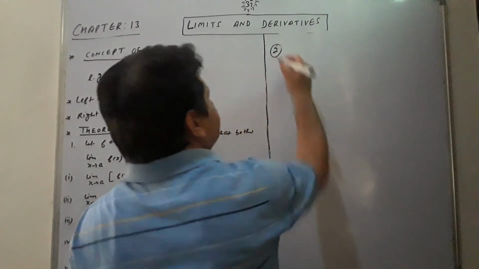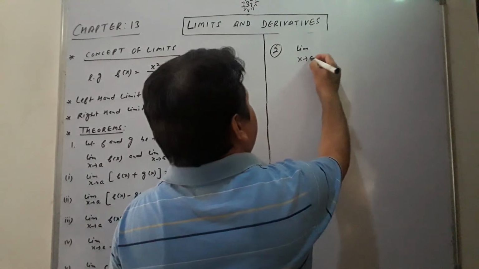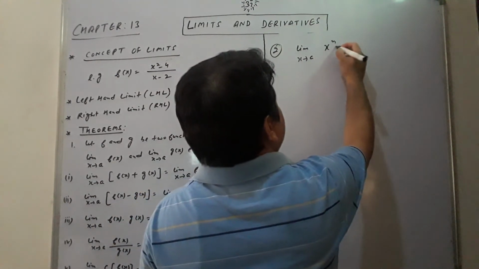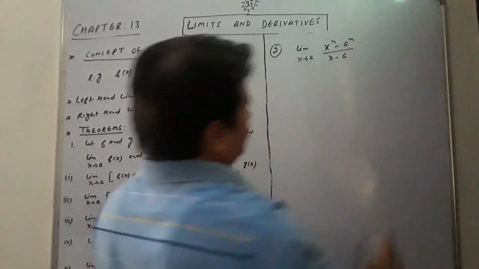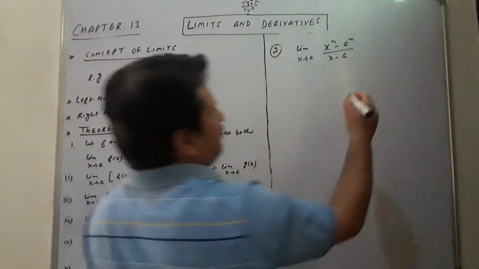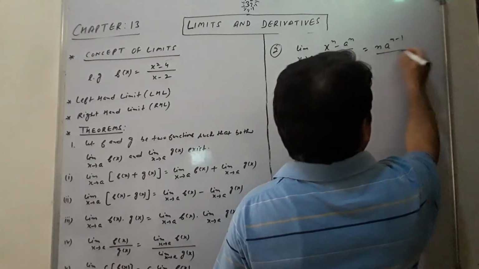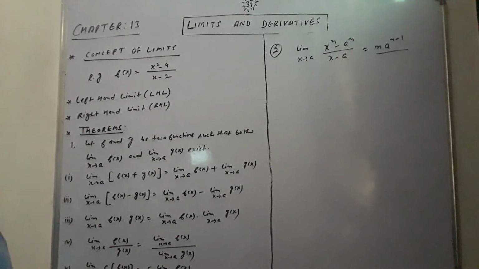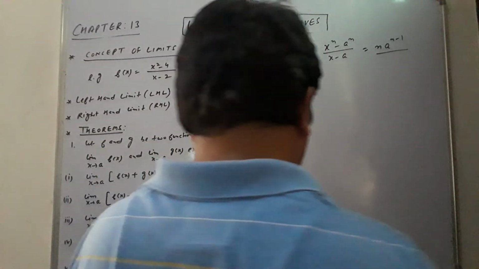Theorem number 2. If, students, limit x tends to a of x to the power n minus a to the power n, upon x minus a. So in this theorem, how will we write its answer, students? It will come as n a to the power n minus 1. We can say here that a is any positive integer.